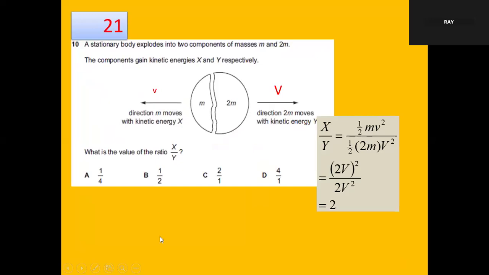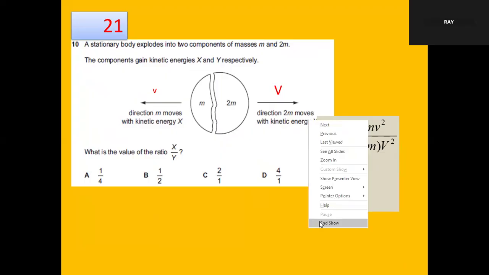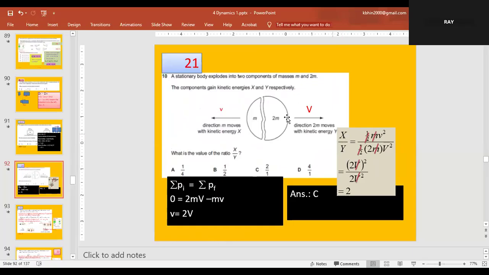Right, number 21. Well, I give you the answer. Try number 21.